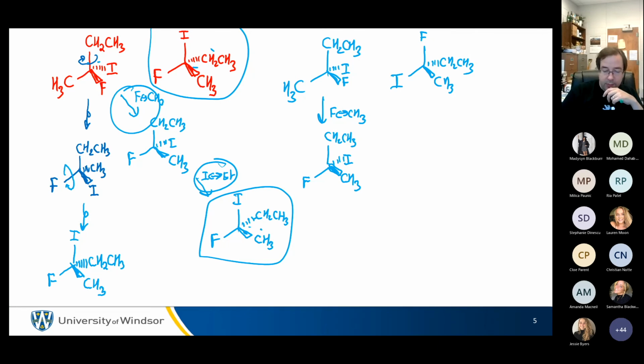So I have the methyl in the right spot. Now, if I want to get the iodine in the right spot, I'm going to switch the iodine for the fluorine.